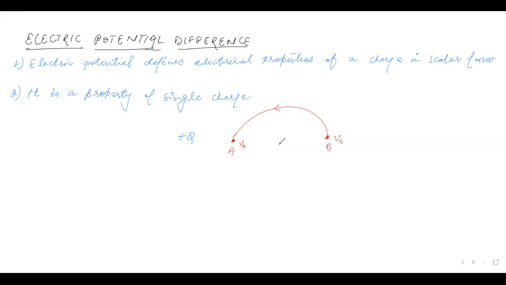Is any work done or not? Yes. Why? Because point A is very close to the positive charge capital Q and B is slightly away from the positive charge capital Q. So the effect of this positive charge at point A is greater than at point B. Are you clear?